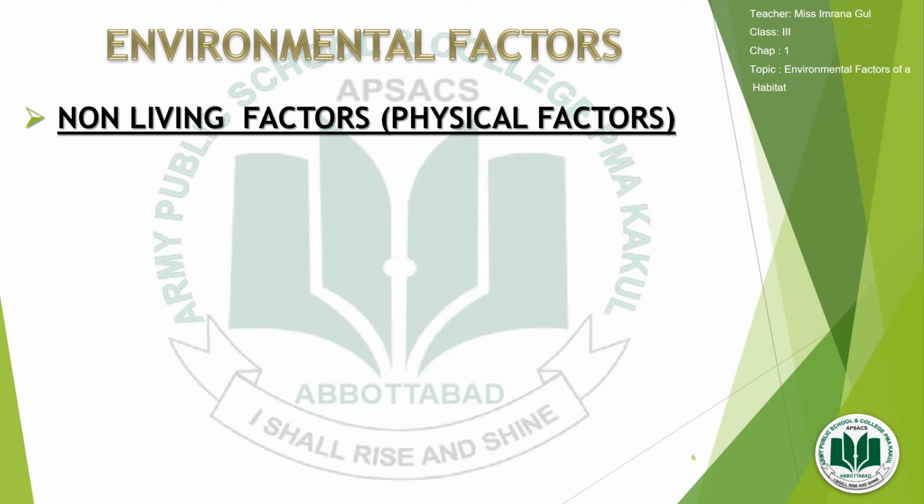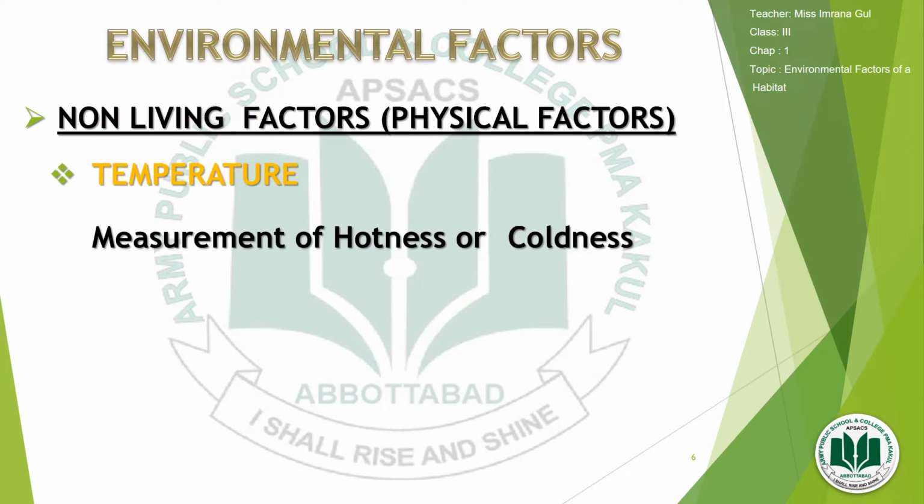Coming over to the non-living factors, first one is the temperature. Temperature is the measurement of hotness or coldness of a habitat. It has greater effect on organisms. For example, if temperature is too high, the plants and animals will lose water.